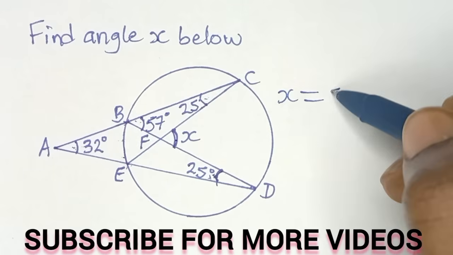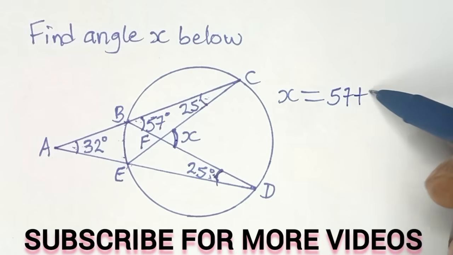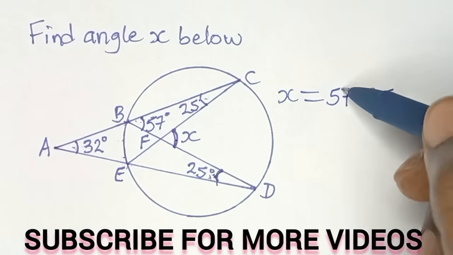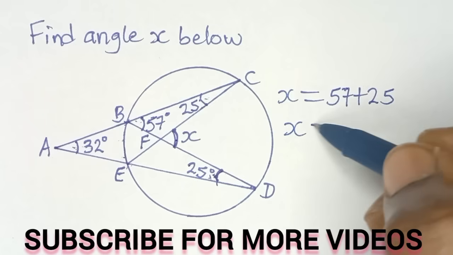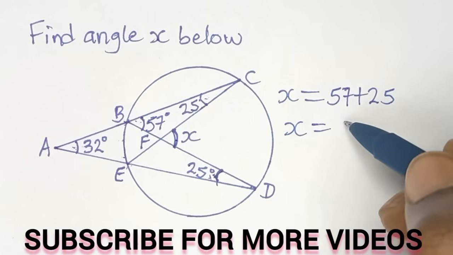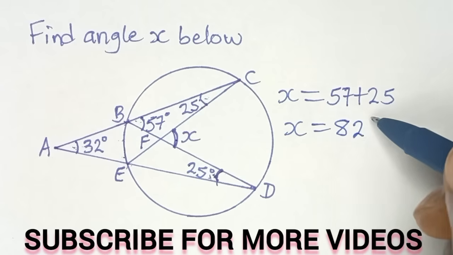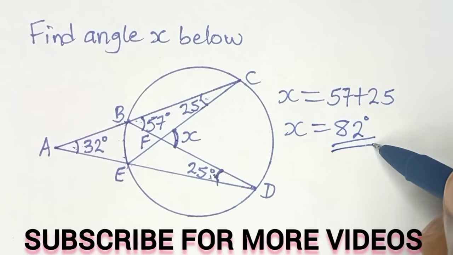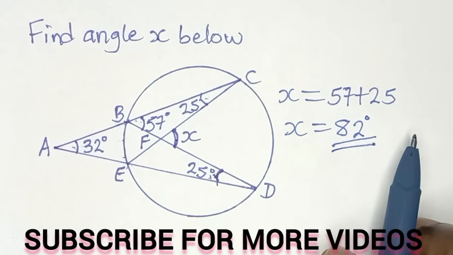And that will be 57 plus 25 degrees. And that will give us X is equal to 57 plus 25, which is 82 degrees as the value of angle X. And that is the final answer.